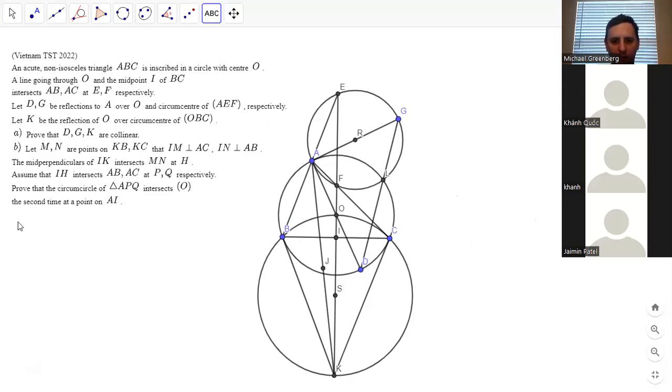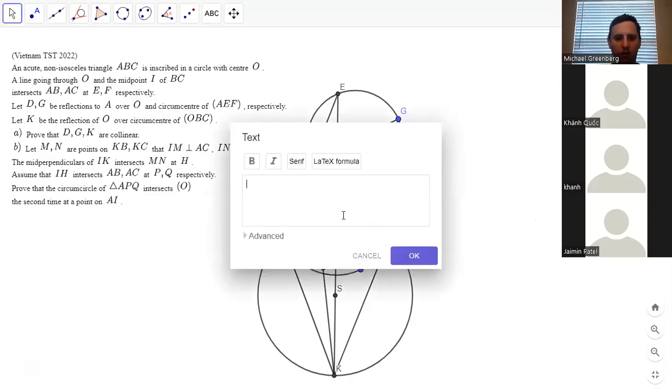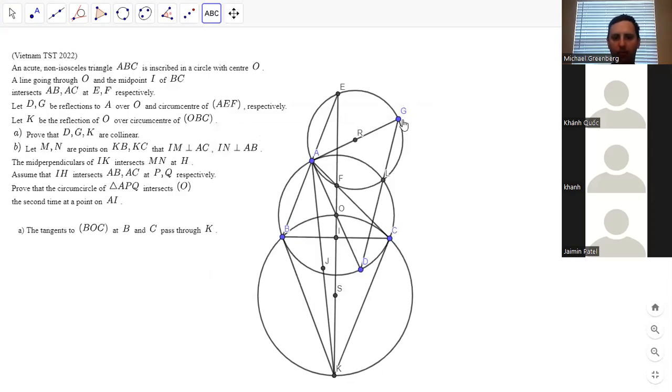Okay, so for part A, the tangents to the circle BOC at B and C pass through K. And then we also, by a homothety at A with factor 2, I'll say let R be the center of AEF.